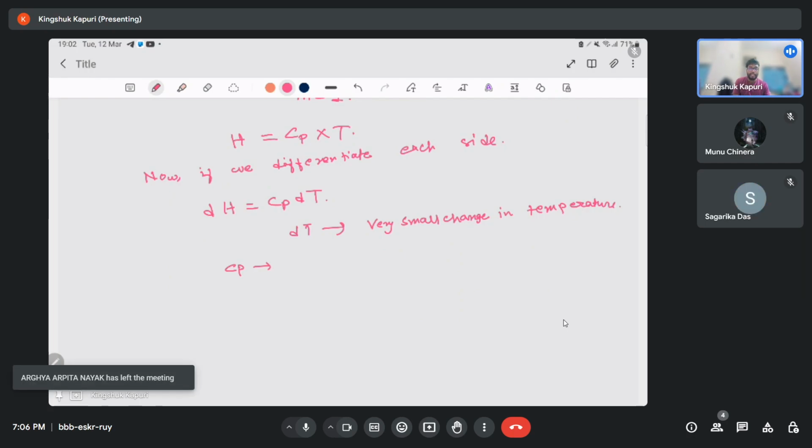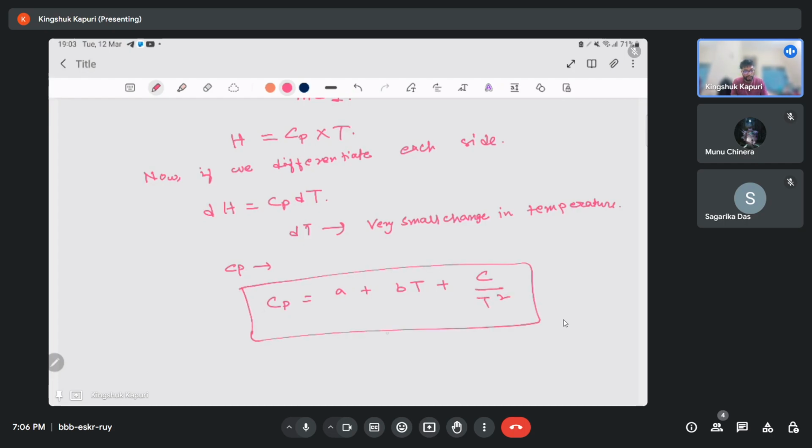This specific heat is related to temperature, and through this Mayer-Kelly equation we can write that Cp equals A plus BT plus C by T square. This A, B and C are your constant terms, right? These have values.